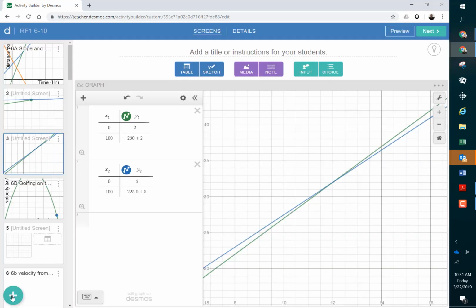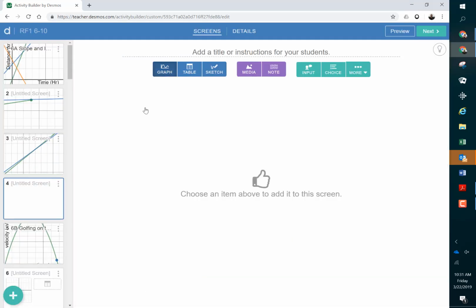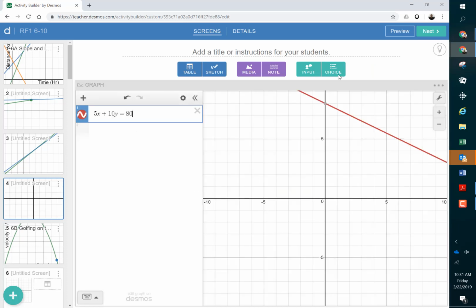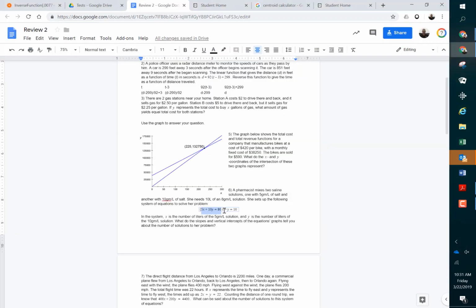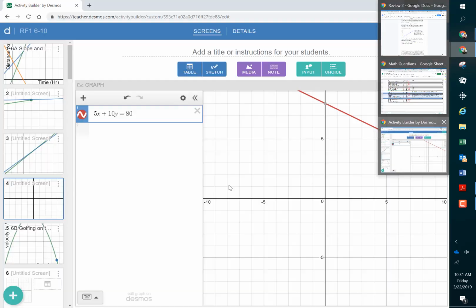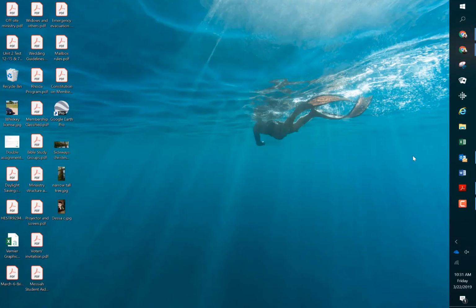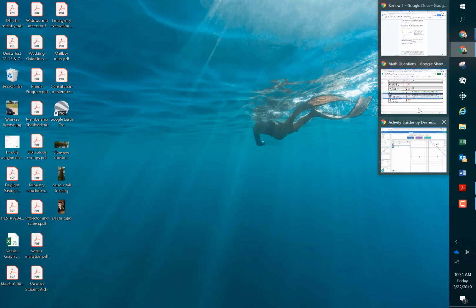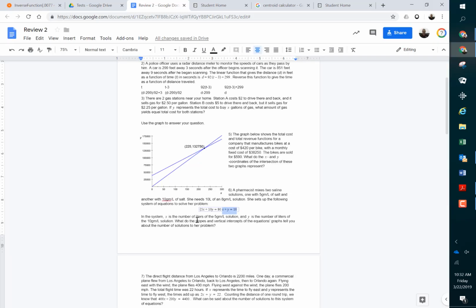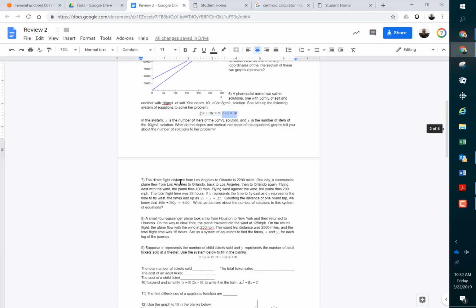Add a graph. 5x plus 10y equals 80, and x plus y equals 10. It looks like they cross at 4 and 6. So we would say that she needs 4 liters of the 5 milligram solution and 6 liters of the 10 milligram solution.